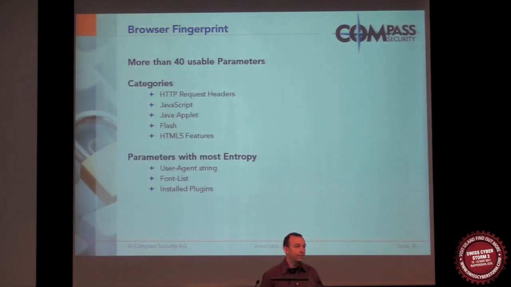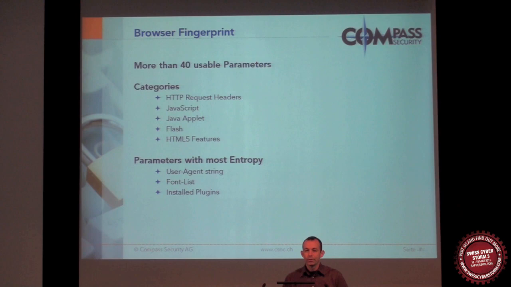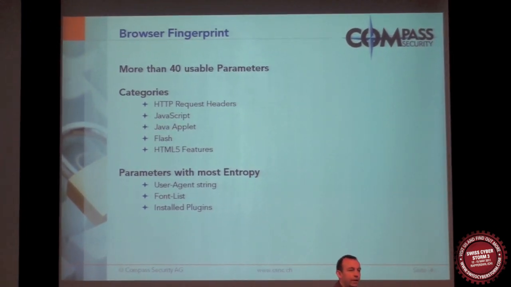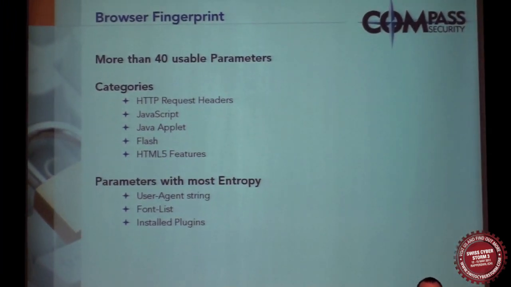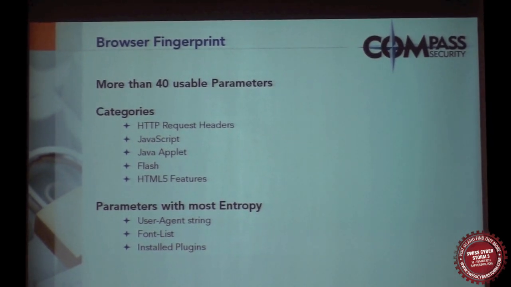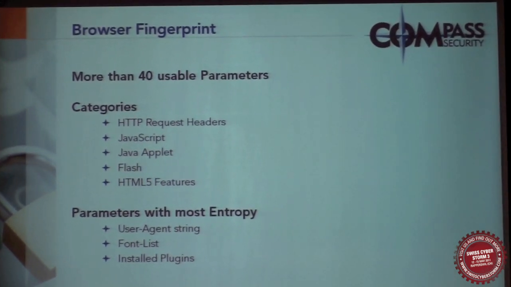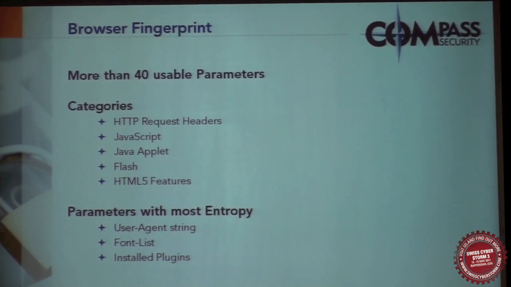So I got suspicious and wanted to know, how is that possible? For browser fingerprinting, you can use several parameters that the browser sends you directly using an HTTP request. You have the headers in the HTTP request, which are sent to the server in every web request. And you can send, for example, JavaScript or a small piece of Java applet or Flash to the browser, which is executed in the context of the browser and can give you some information back.